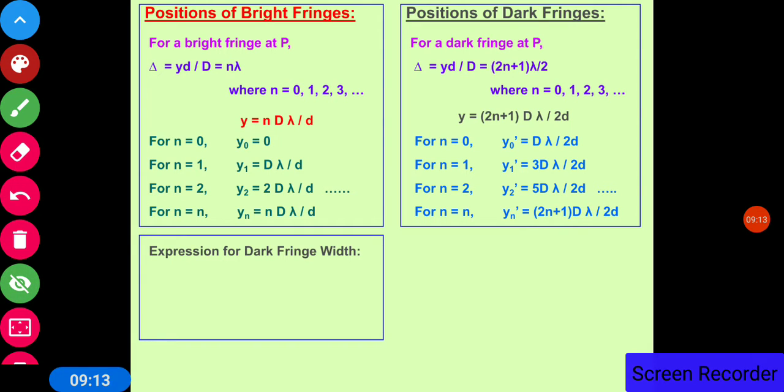Now let us see, in the previous diagram, this is the position of P and Y. So the position of the bright fringes.